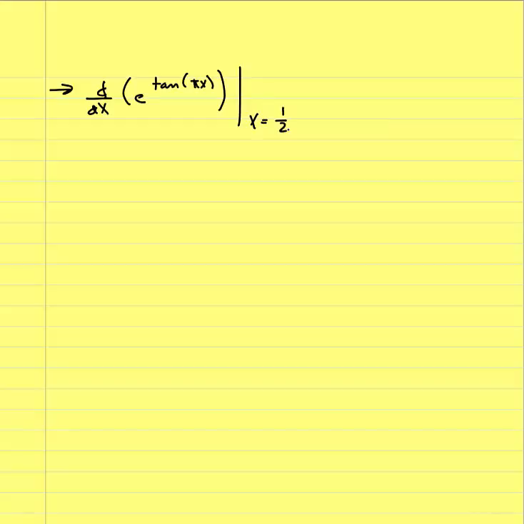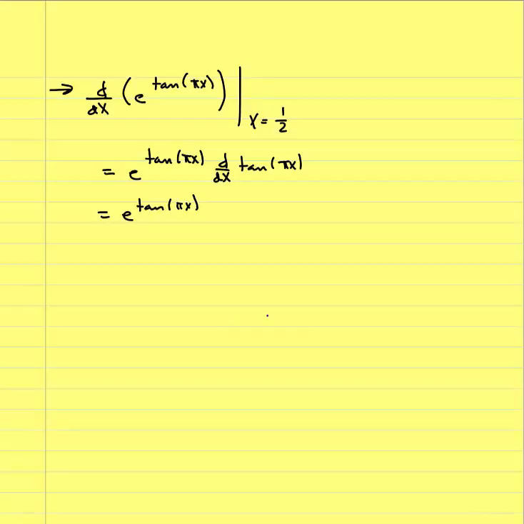Okay, so let's go and take our derivative. The derivative of e to the u is e to the u times the derivative of u. This would be the tangent of pi x.